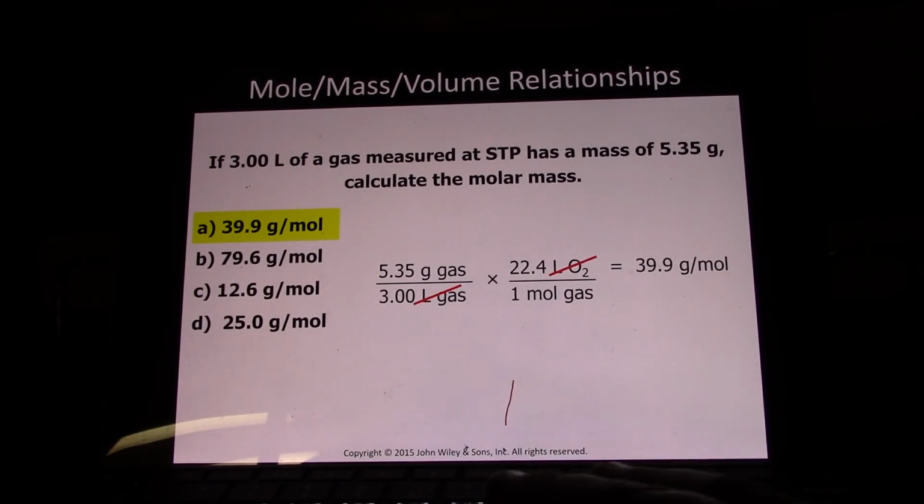Again, this molar volume only counts at STP. So to use this shortcut of 1 mole being 22.4 liters, the gas must be at STP. If you're not at standard temperature and pressure, if it's not 0 Celsius and 1 atmosphere, then you cannot use that shortcut.